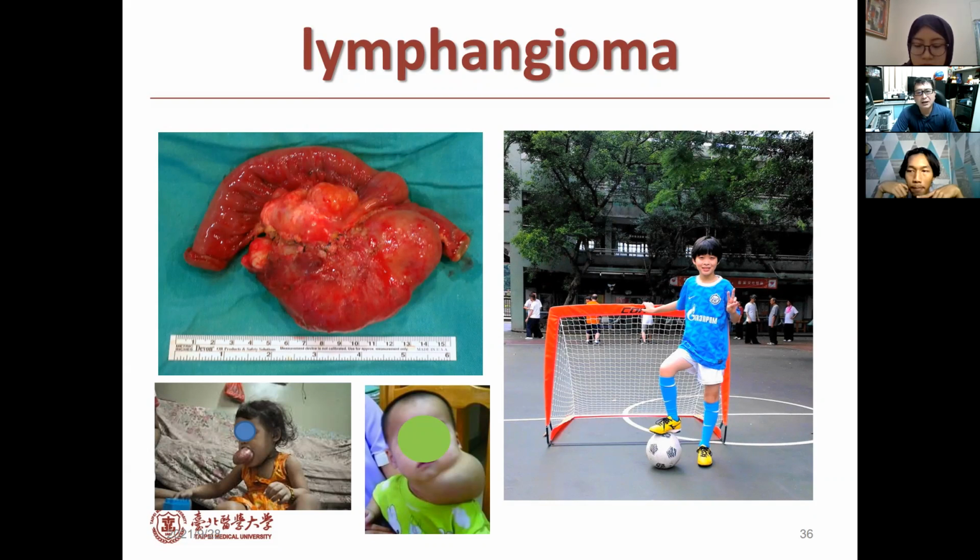We went to the medical doctor and found out he had a mass on his peritoneal tissue. Then the surgery took, I forgot how many hours, 10 or 6 hours, a long time.